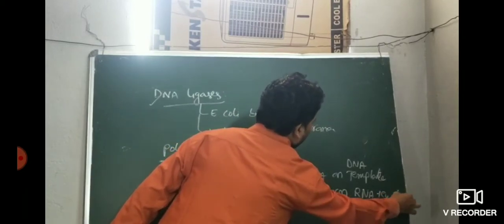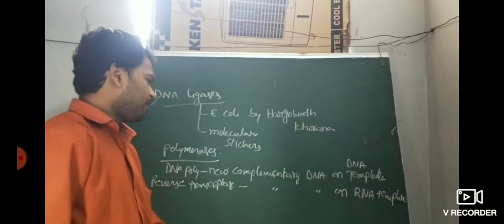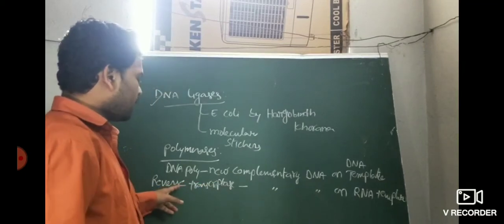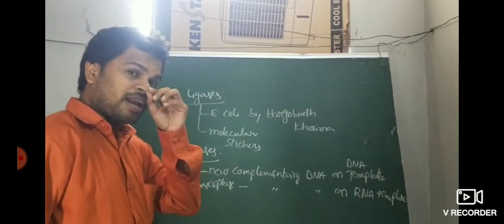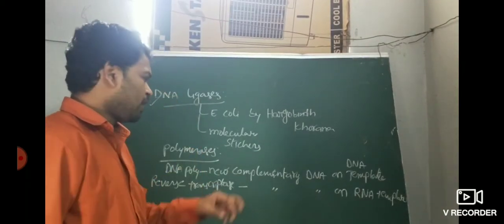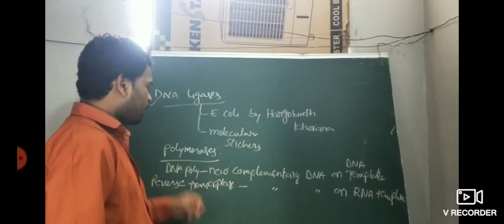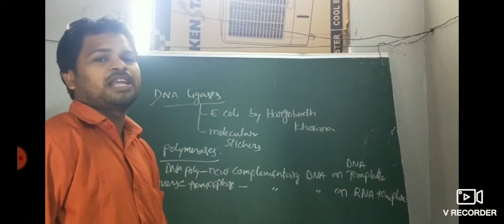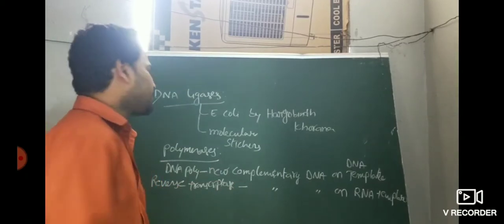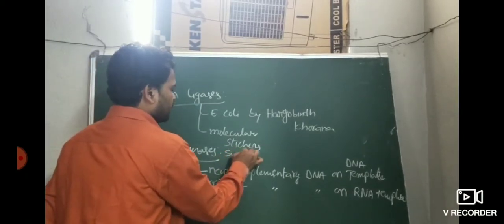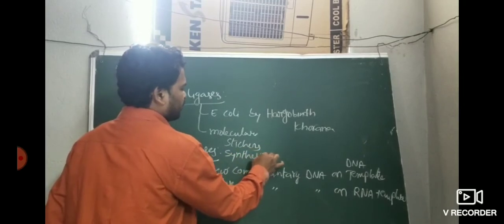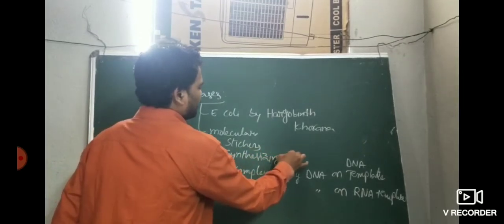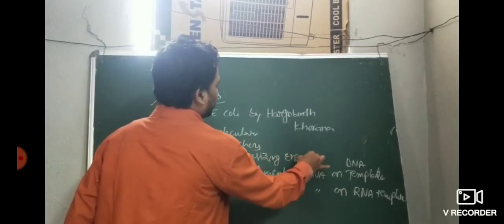So, question: RNA to DNA, which polymerase enzyme? Reverse transcriptase or RNA dependent DNA polymerase. DNA to DNA, which polymerase? DNA dependent DNA polymerase enzyme. These polymerase enzymes are also called synthesizing enzymes.